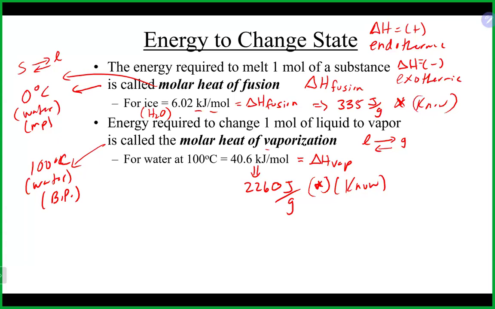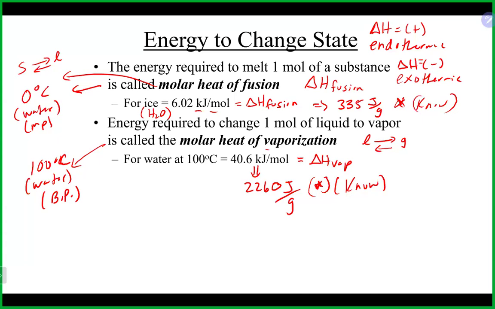So when we talk about 0 degrees Celsius as a melting point, or 100 degrees Celsius as a boiling point, that is specific for water. If you're dealing with something that is not water, you shouldn't be using these numbers. You would have to look up on a table the appropriate heat of vaporization, heat of fusion, and also the appropriate boiling and melting points for that substance.